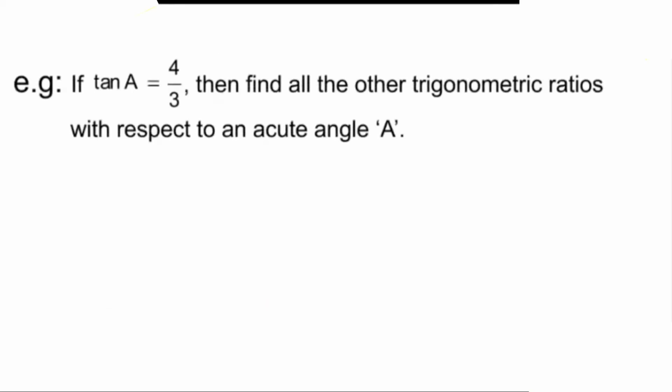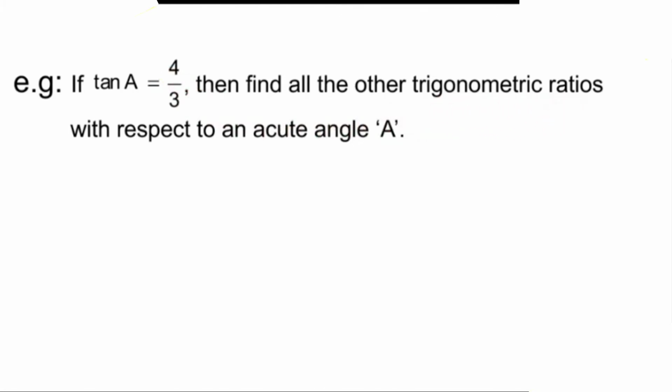Next, if tan A is equal to 4 by 3, then find all the other trigonometric ratios with respect to an acute angle A. Children, in this problem, the value of tan A is given. Now, we need to find the values of the remaining 5 trigonometric ratios.